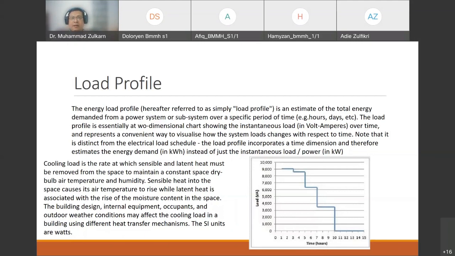For example, for the fridge, which we use 24 hours, maybe at some time it will consume higher energy. It's not that every hour will consume much energy.